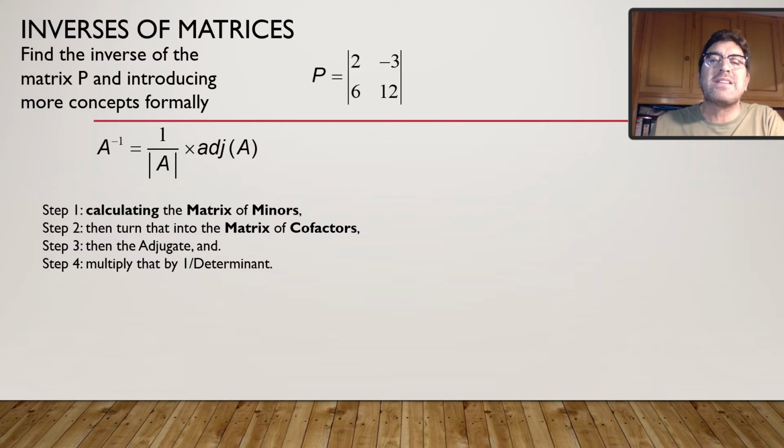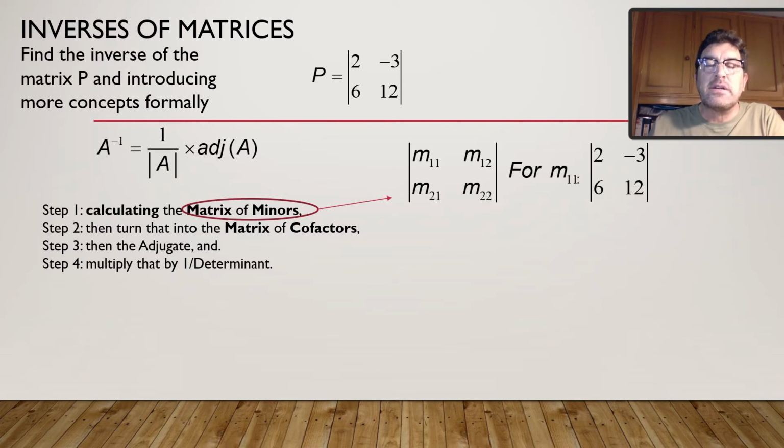Let's look at that very easy 2 by 2 matrix. Now remember, we said we're going to cover rows and columns, so follow carefully. We're going to find the matrix of minors. Okay, so the matrix of minors is going to have these 4 entries.